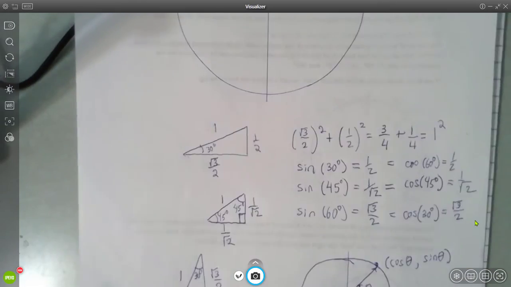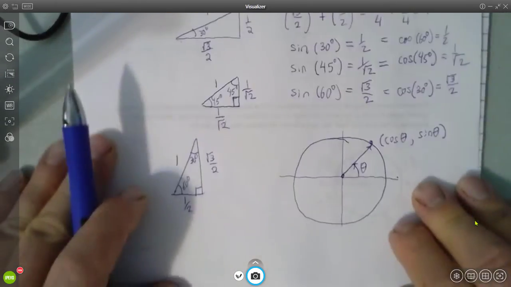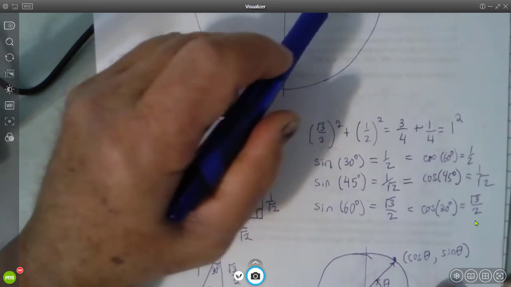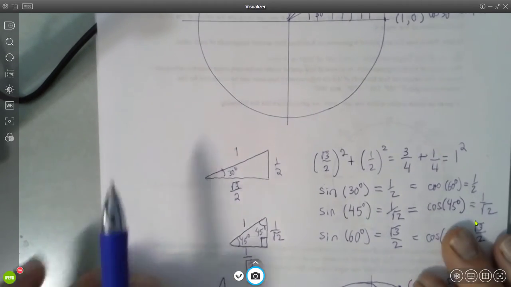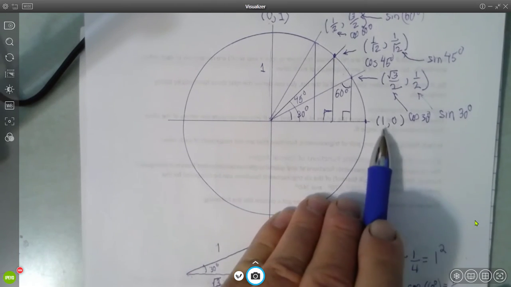And so when we found these points of intersection here, we were actually finding the cosine and sine values for these different angles.